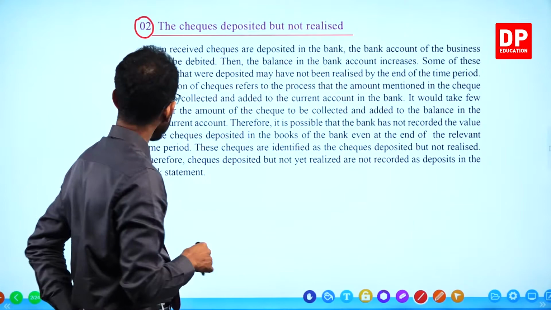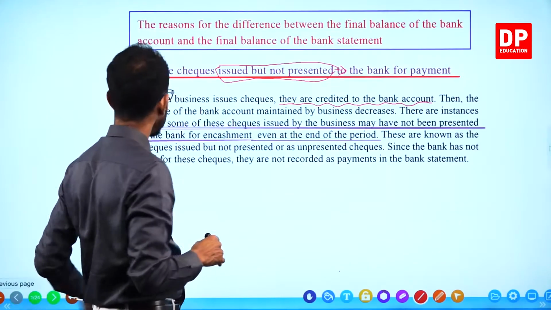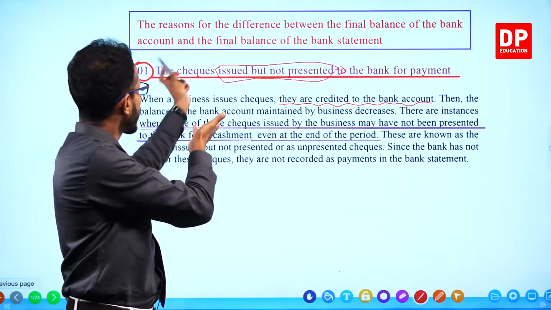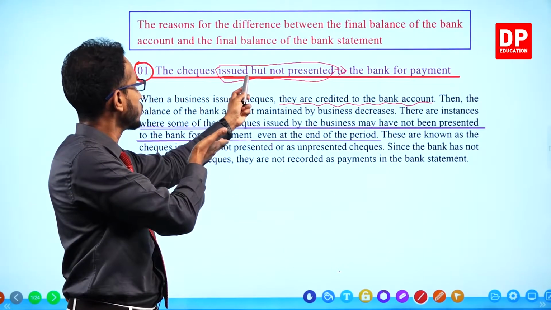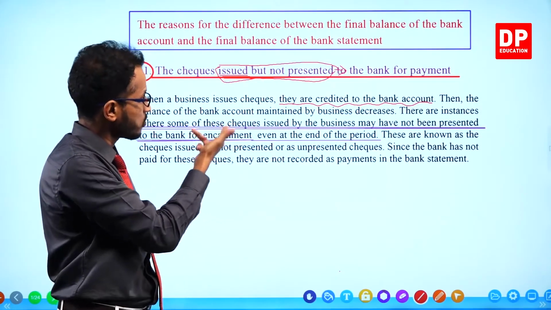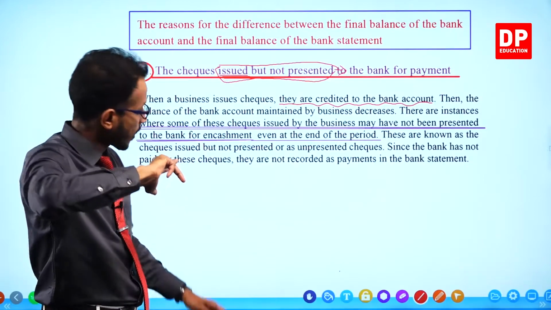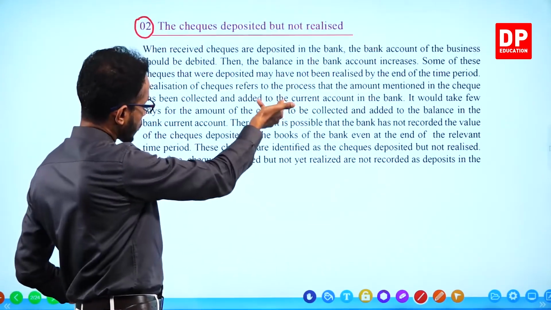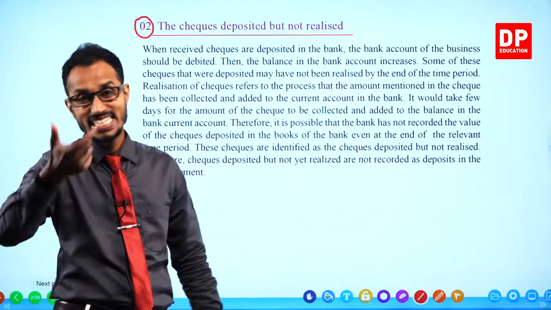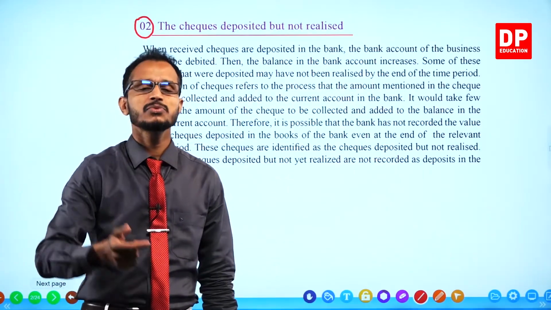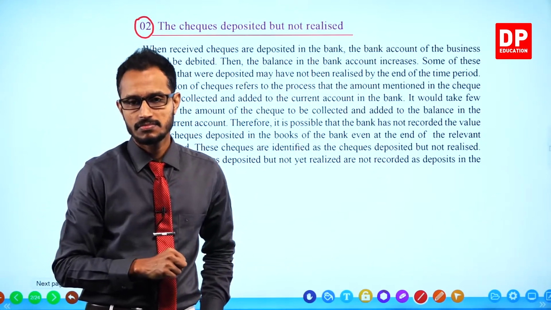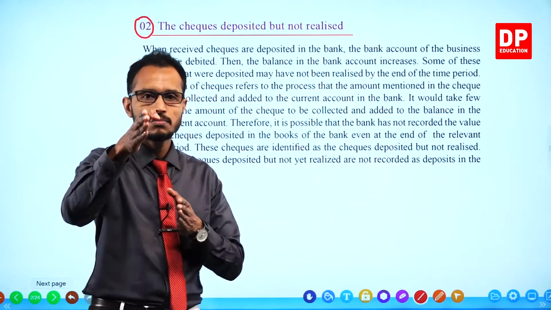Now, in the previous one, what we discussed was checks which are issued. But in this one, we are talking about checks which are received, checks which we got.